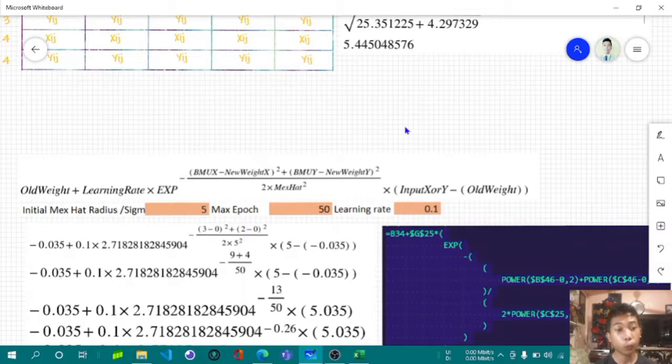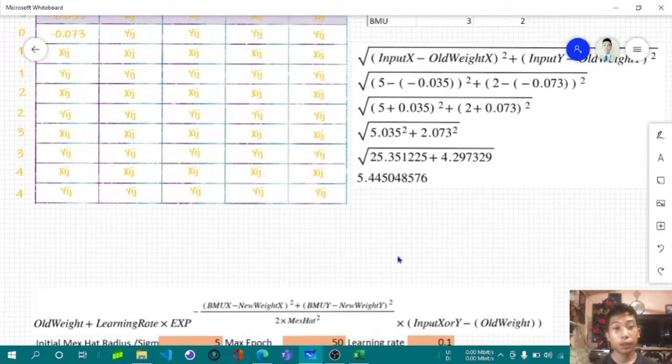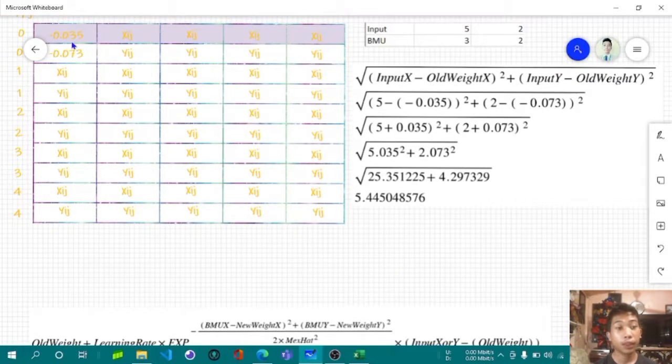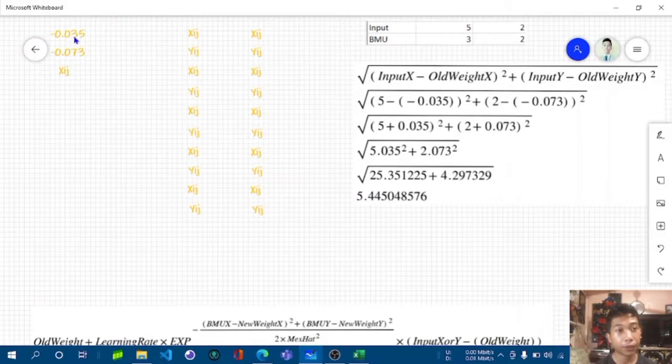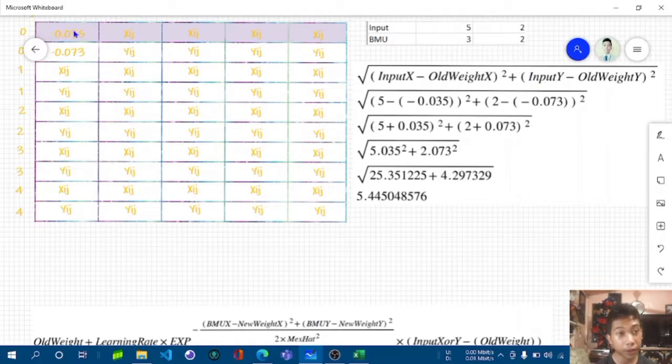So our old weight would be used is negative 0.035, and for the new value for this initialized weight for x, we need this to find this new weight x also here.